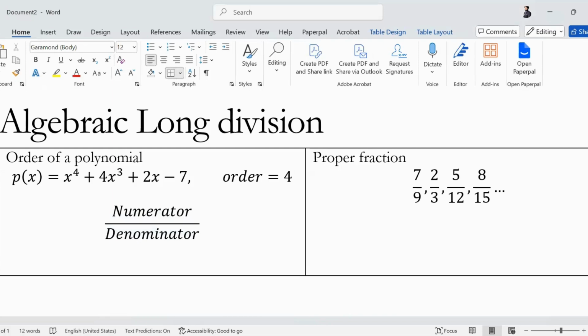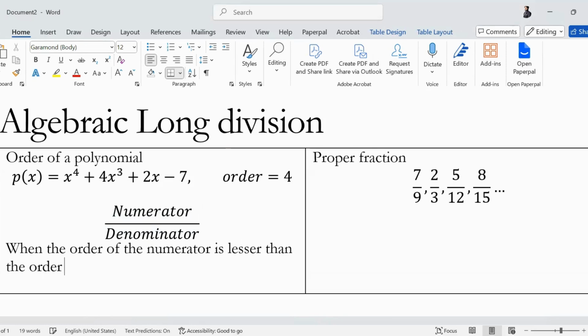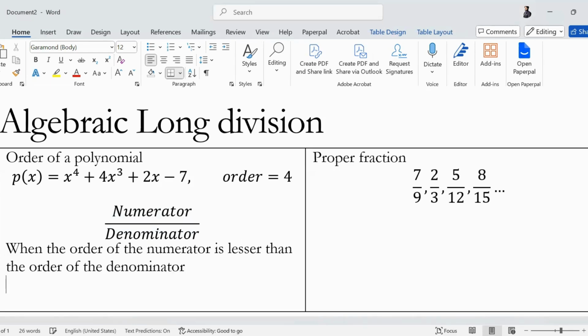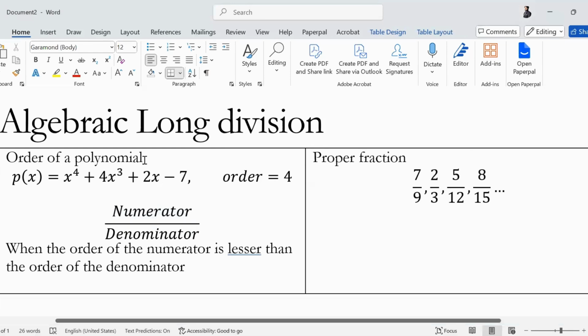So now what do we call a proper algebraic fraction? When the order of the numerator is lesser than the order of the denominator. That is what we call a proper fraction.